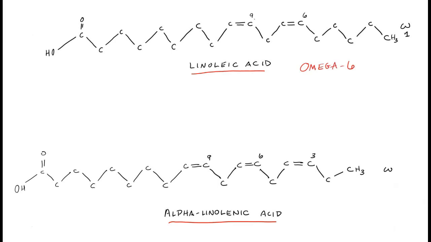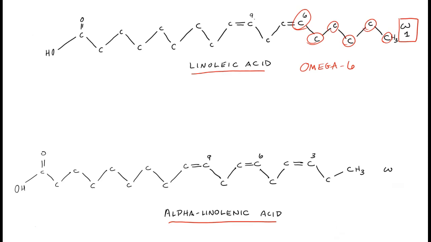And how do we know it's an omega-6 fatty acid? The omega carbon is the one at the end, and so we count 6 carbons in: 1, 2, 3, 4, 5, 6. And if there is a double bond on that carbon, then it is an omega-6 fatty acid. Omega-6 fatty acids can be found in most oils and in grains and nuts.